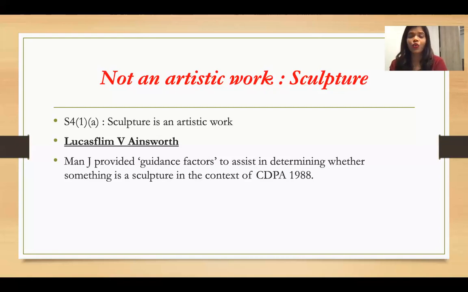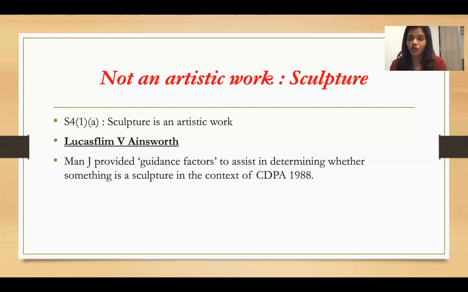When you want to establish a design protection under copyright, you must always show that the sculpture you have created is functional. If it's functional, yes, you can get copyright protection.